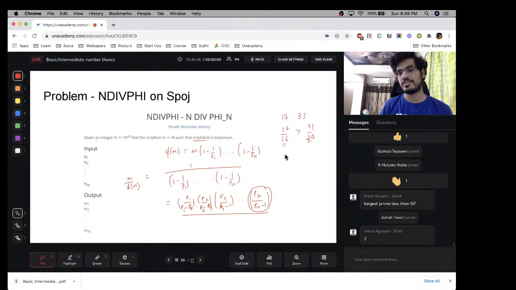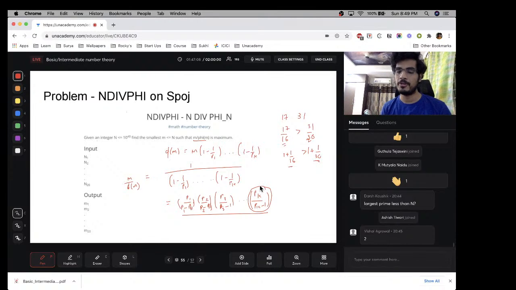This is because this is equal to 1 plus 1 by 16, greater than 1 plus 1 by 30, since 1 by 16 is greater than 1 by 30. Hence, 17 by 16 will be greater than 31 by 30. So for any two primes p1 and p2, we always try to pick the smaller prime first because it will give a bigger answer.